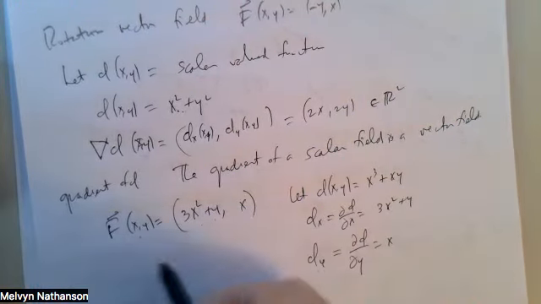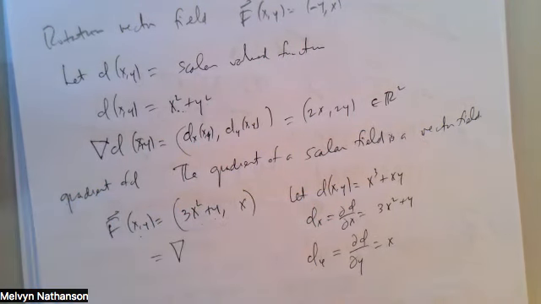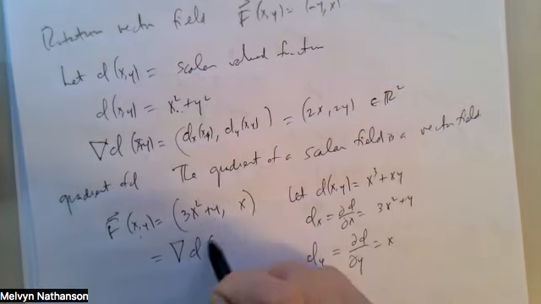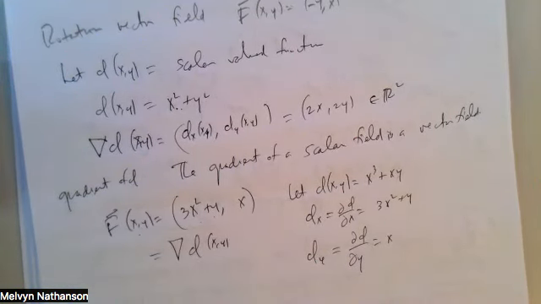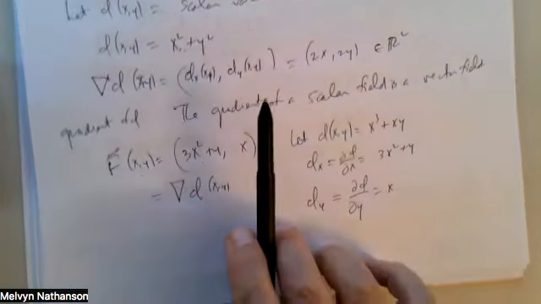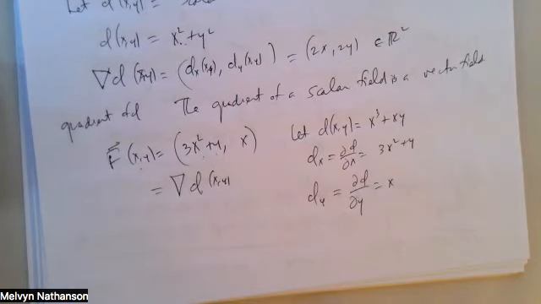That's exactly what we have here. So this is the gradient of the scalar field phi. Here we started with the vector field, and it turns out there is a scalar function phi such that the gradient of phi is f.